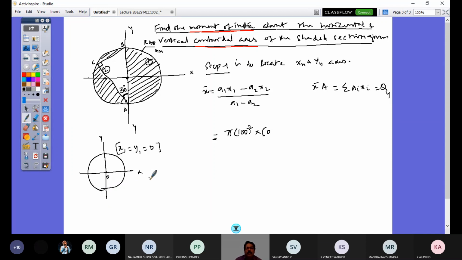So this minus, next one, this is my y-axis. With respect to that, this triangle, this 30 degrees, and of course this is with respect to this circle that goes around, right? So this is my second area.